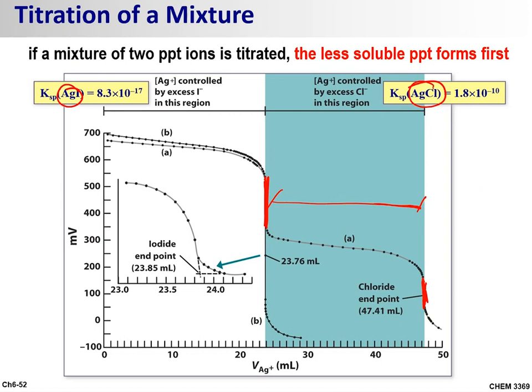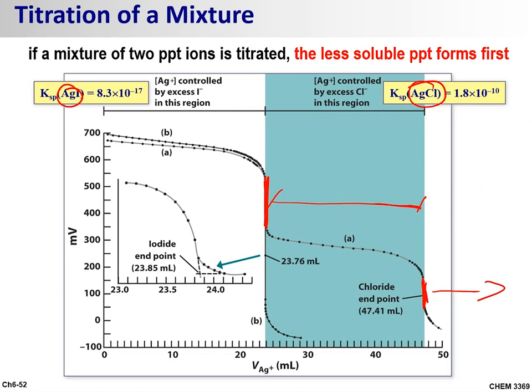But the solubility of silver chloride is greater than that of silver iodide, so it will be precipitated later. Now, after the second equivalence point, the concentration of silver plus will increase because now it's not consumed in the reaction with iodide or Cl minus. They are all precipitated. So the electrode potential of the silver electrode in this experiment will change again abruptly, giving us the second endpoint.